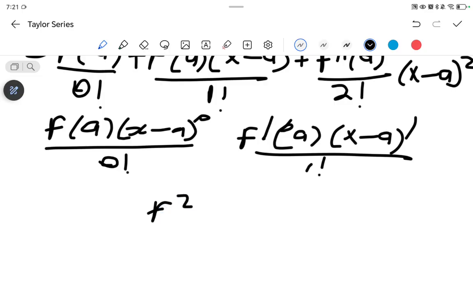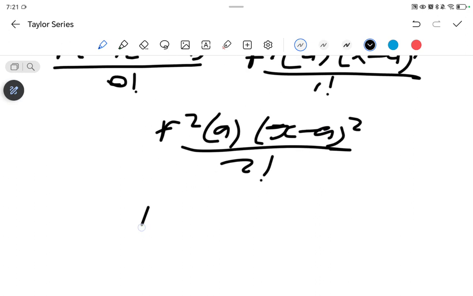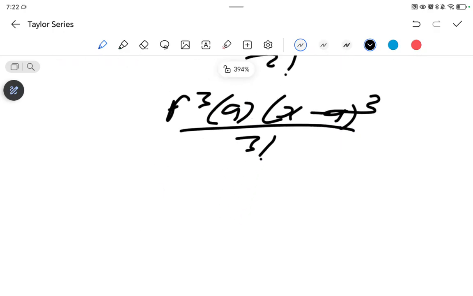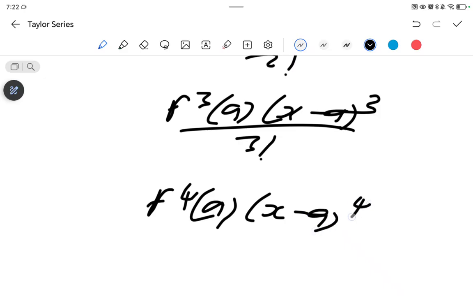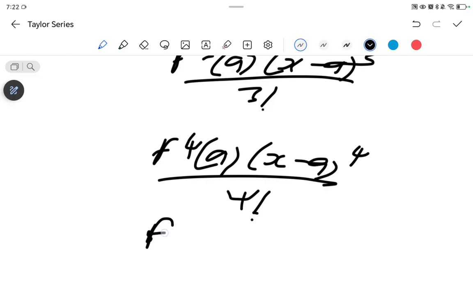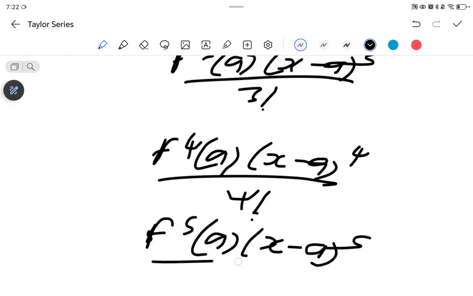So some of you see them writing like this: f2 of a x minus a squared over 2 factorial, f3 x minus a cubed over 3 factorial, f4 of a x minus a to the 4 over 4 factorial, f5 x minus a to the 5 over 5 factorial.